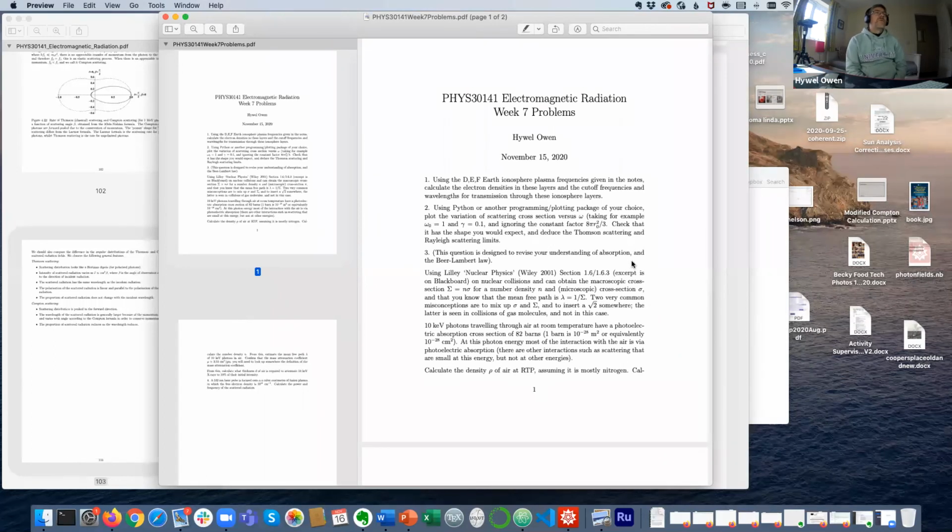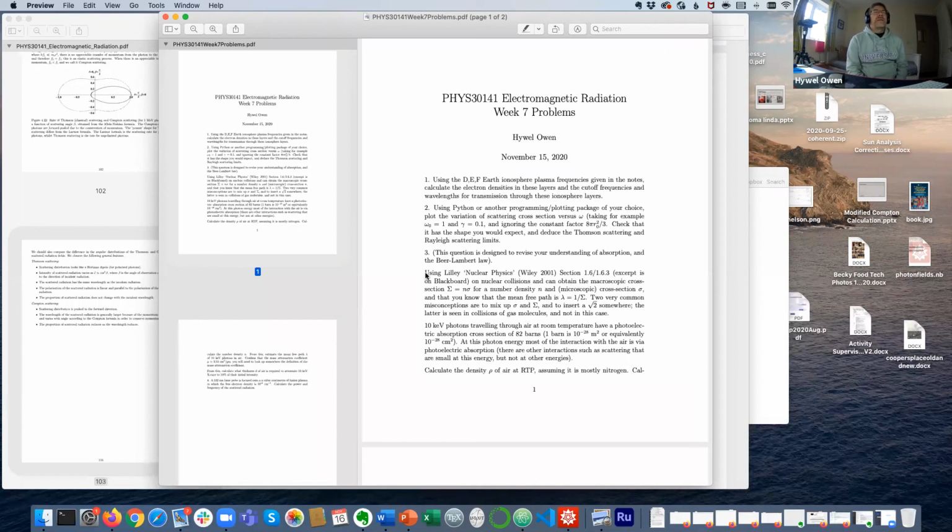Okay, there's one extra thing I want you to look at quite closely, and this is the section of Lilly Nuclear Physics, which I've put on Blackboard. I'd like you to work through carefully this calculation in question 3 on the week 7 problems.